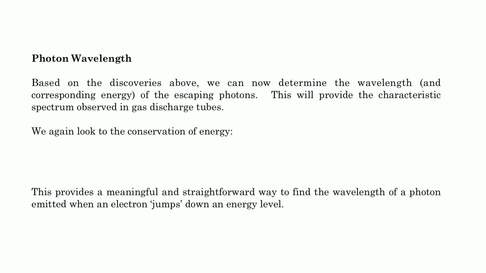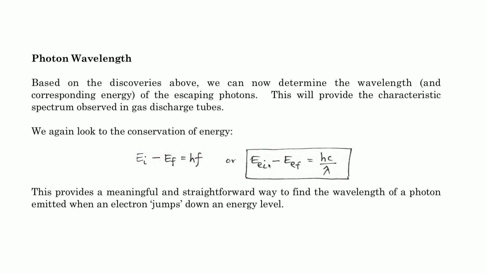So we again look to the conservation of energy. Energy initial minus energy final is equal to the photon energy, or the energy that this electron has initially minus the energy that the electron has finally equals hc over lambda. So this is a very meaningful and straightforward way to find the wavelength of a photon that's emitted when an electron jumps down an energy level.